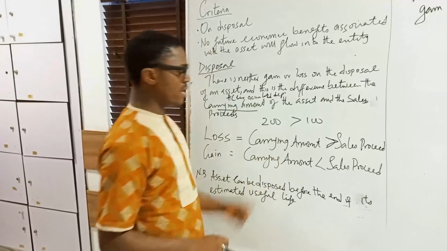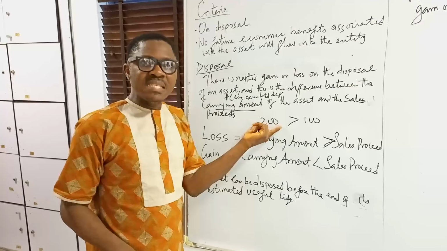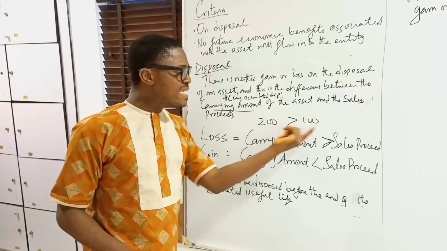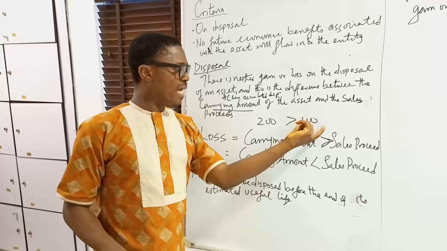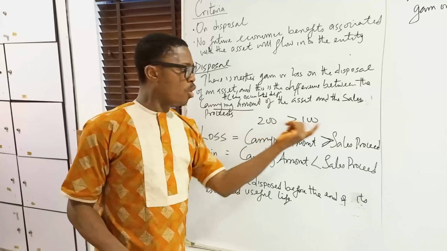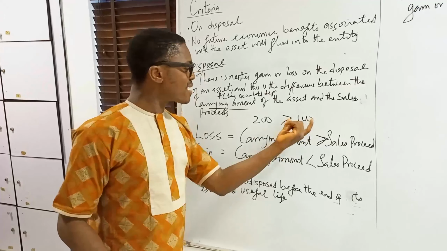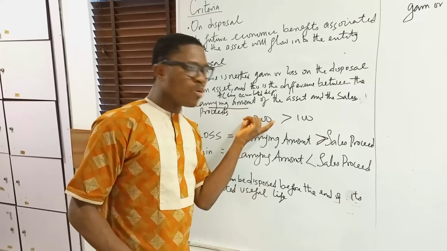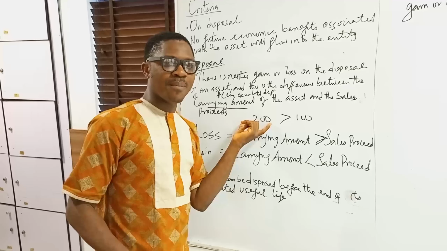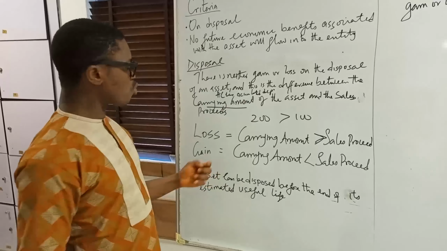We can see here that the carrying amount of that asset, which simply means the net book value of the asset, is greater than the sales value. And this simply means that there is a loss on disposal, because what came into the entity is less than the value of the concerned asset on disposal.